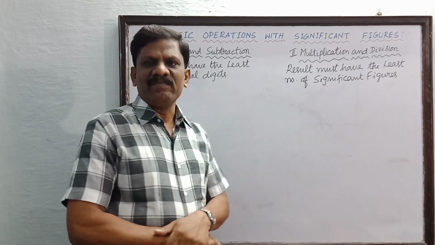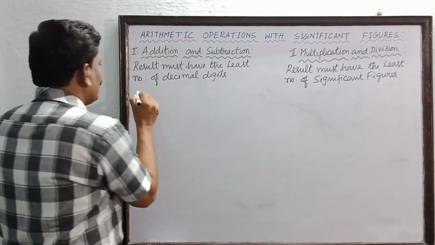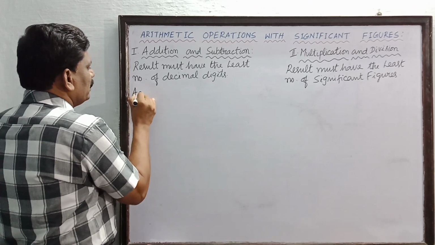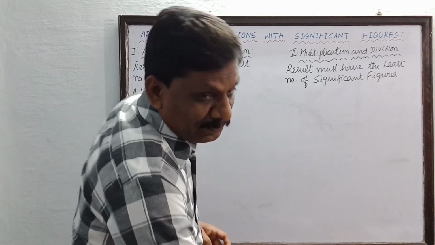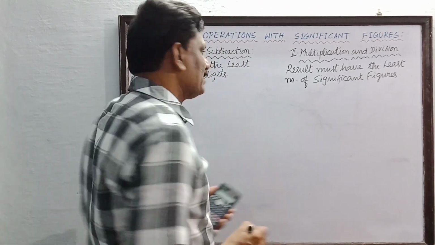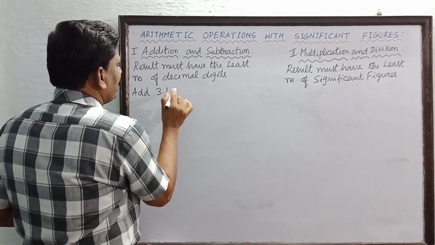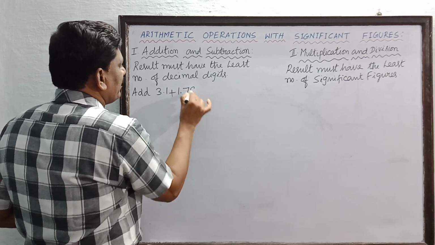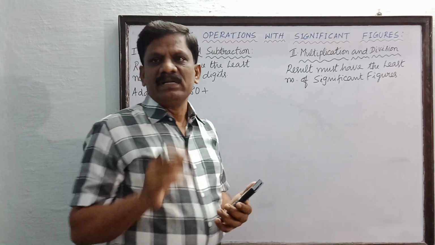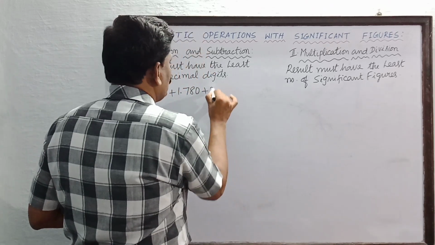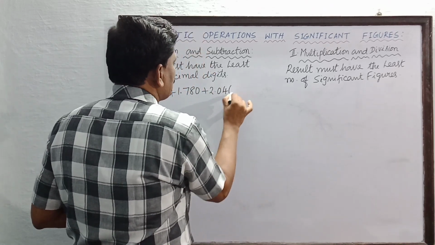Now for example, I am going to add the numbers 3.1, plus 1.780, plus the third number 2.046.